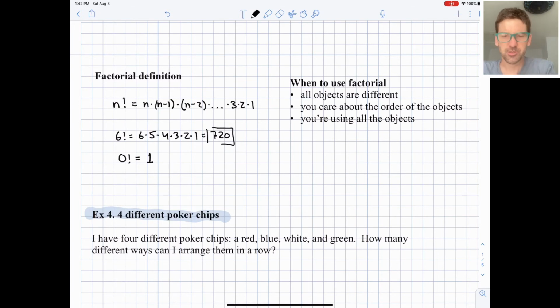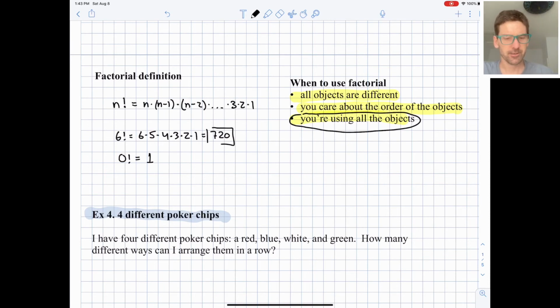So you want to use factorial when all objects are different, when you care about the order of the objects, and when you're using all of the objects. This last bullet point wasn't being applied up above with our words because we were only using 5 letters out of 26 available, so we wouldn't actually use factorial in that prior example.